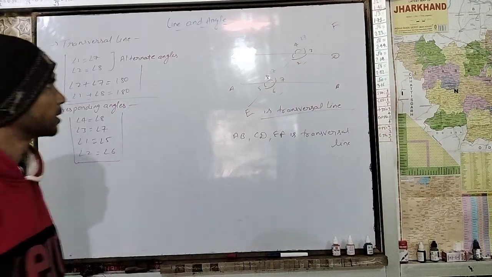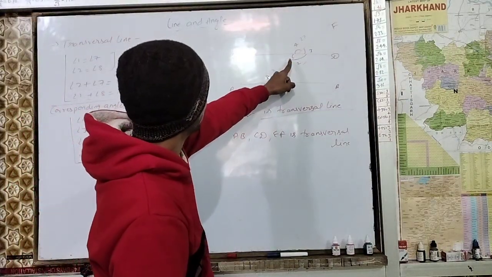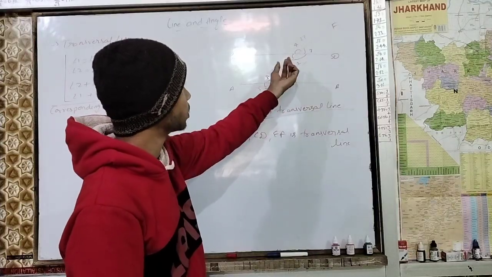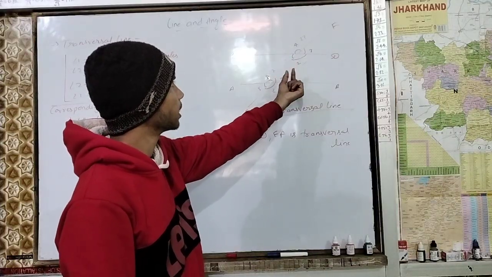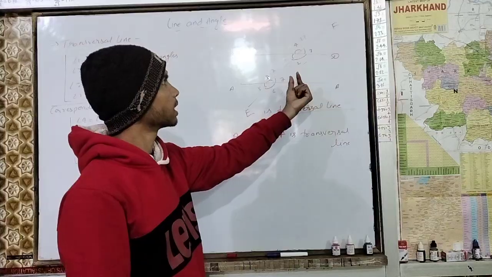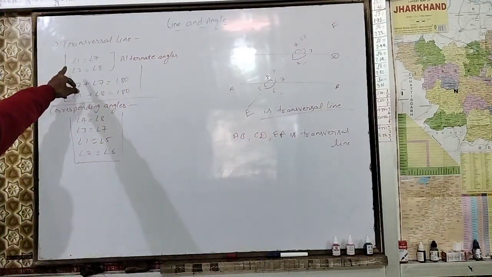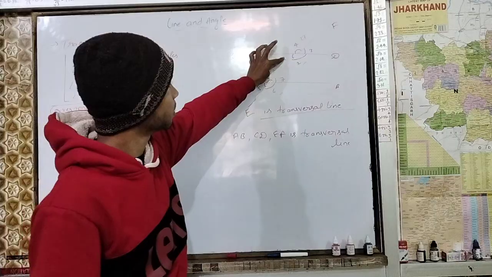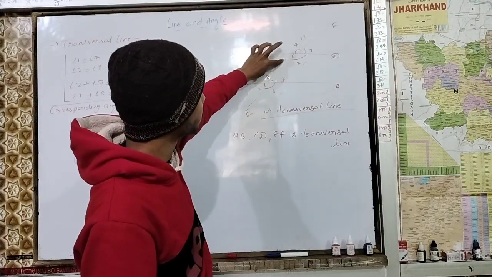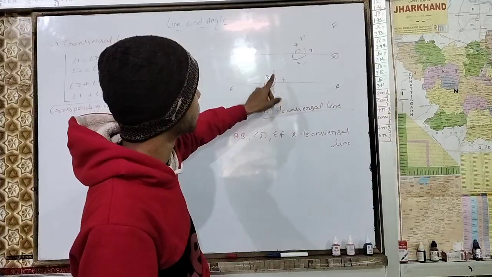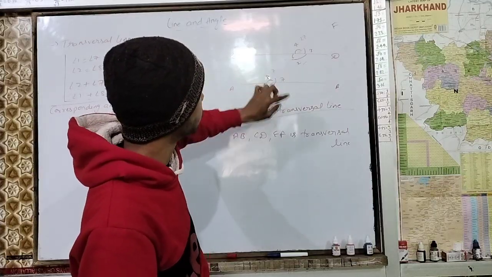Alternate angle says that the sum of these two angles will be 180 degrees. Angle 1 here, alternate of this will be angle 7, alternate of this angle will be this 8. So this is going to be equal to this.